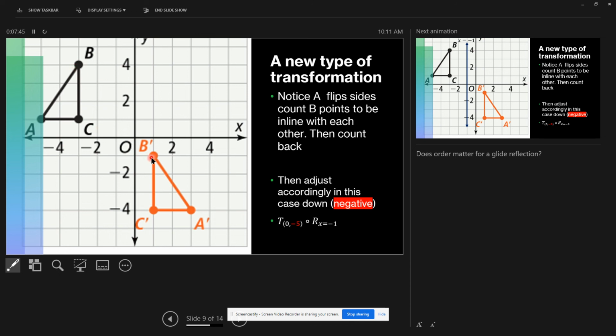If we look here, we're trying to get down to here. 1, 2, 3, 4, 5, but we're decreasing by that 5, so that's a -5. So as we saw, that x is -1 for the line of reflection, but then we have to decrease only basically vertically by 5.